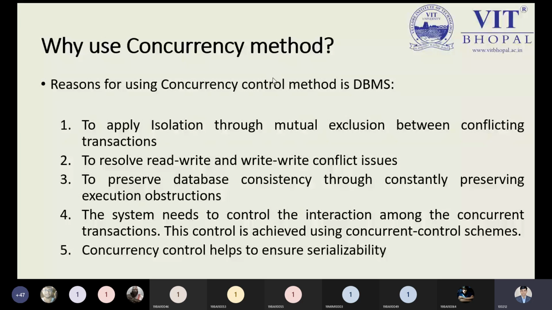Isolation cannot be preserved when we have an inconsistent state in our database. To avoid this, we need to move our database from an inconsistent state to a consistent state. If your database is consistent, of course, it is part of the ACID properties: atomicity, consistency, isolation, and durability. If your database has the non-isolation property, then definitely the consistency property will be affected.